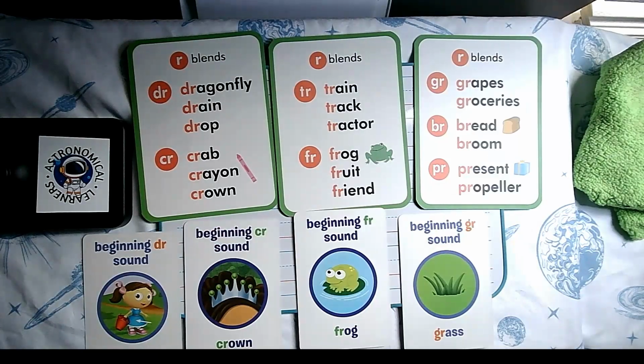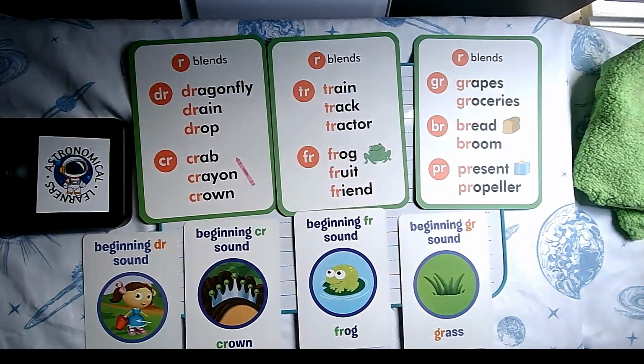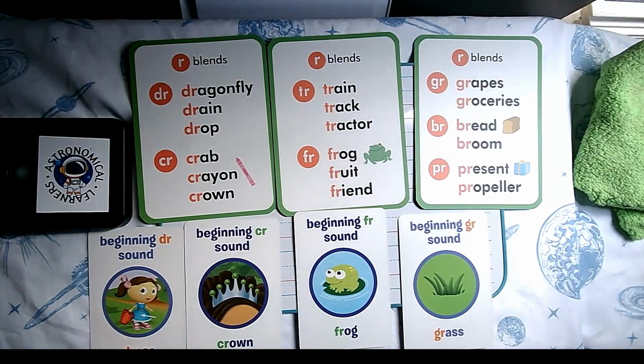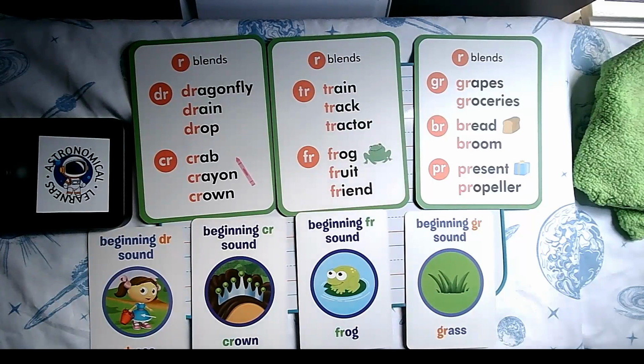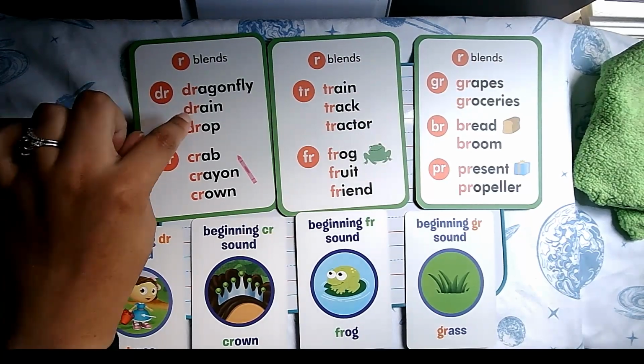Next, I want to talk about R blends. You see some cards on top I have a little bit more examples, some cards on the bottom I have a little bit less. No matter what your resource is, I just want you to understand what type of R blends we are talking about. If you're using DR like dress, you have dragonfly, drain, drop.